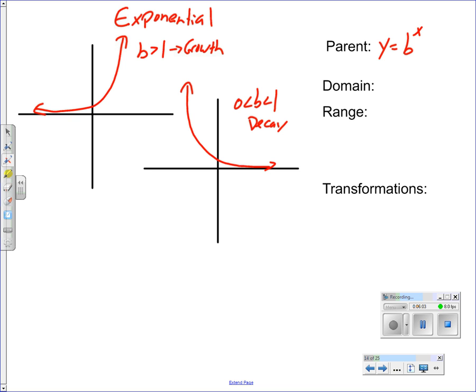The only difference is growth function is increasing, decay function is decreasing. So for the domain, again, it's going to be all real numbers, or we can put any kind of number in as an exponent. The range is what's different for these. For both of these, we have a horizontal asymptote along the x-axis.